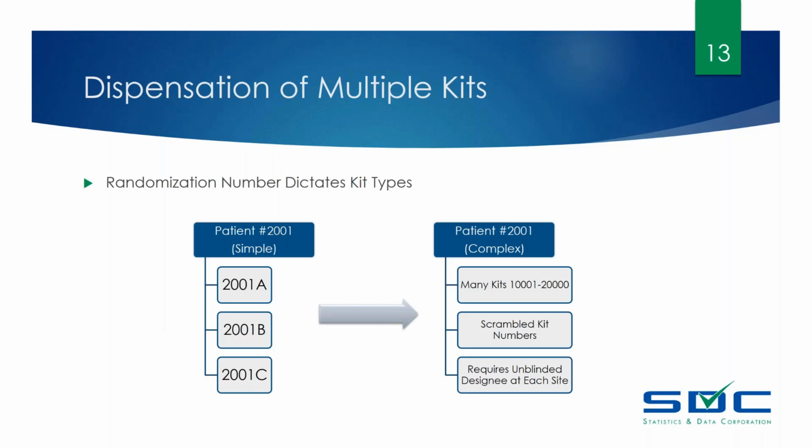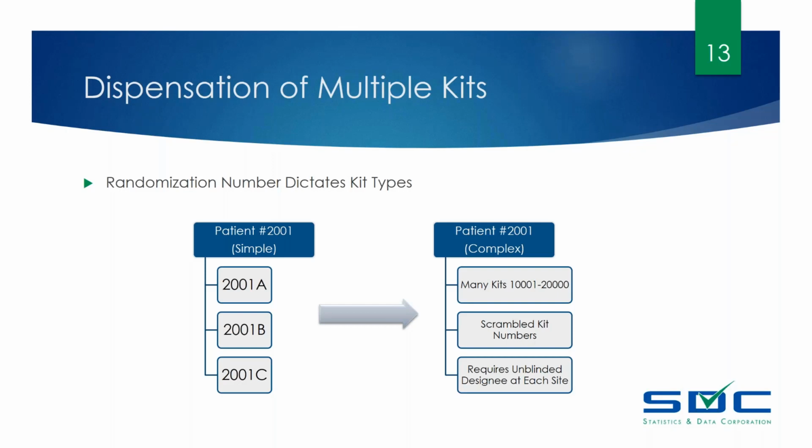I'm going to compare and contrast the 2 examples shown on the slide. A simple randomization with multiple kits can be handled by using the randomization number to label the kit. In this situation, the kits employ a randomization schema where a different letter is appended to the end of the randomization number for the kit, and each of the kits is dispensed at the appropriate visit.